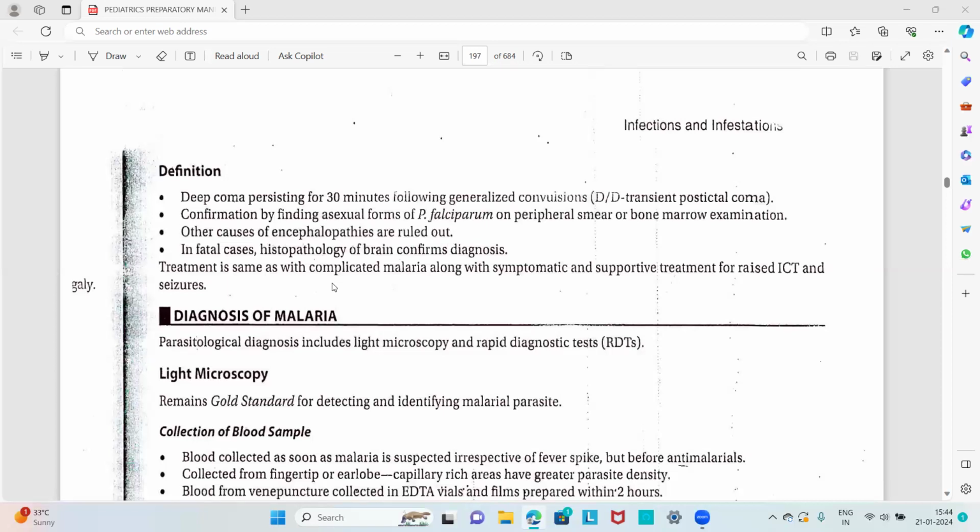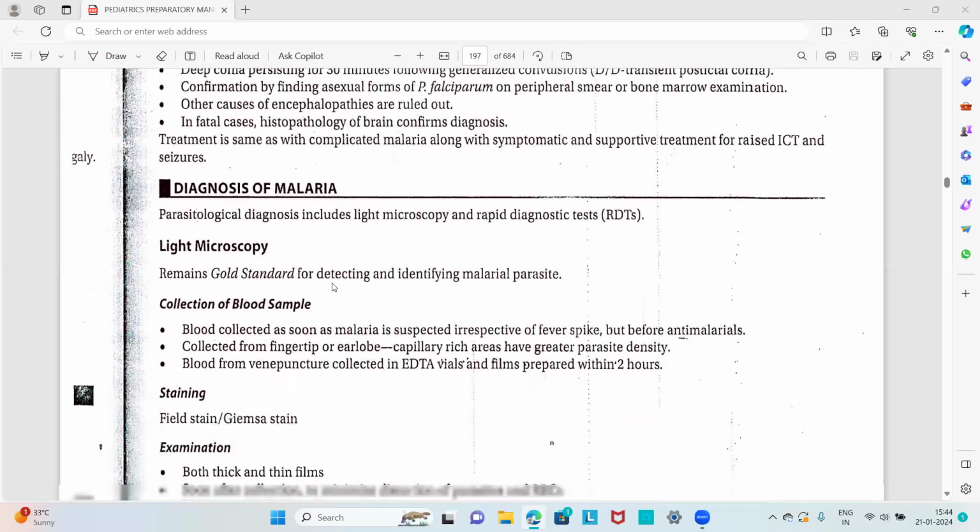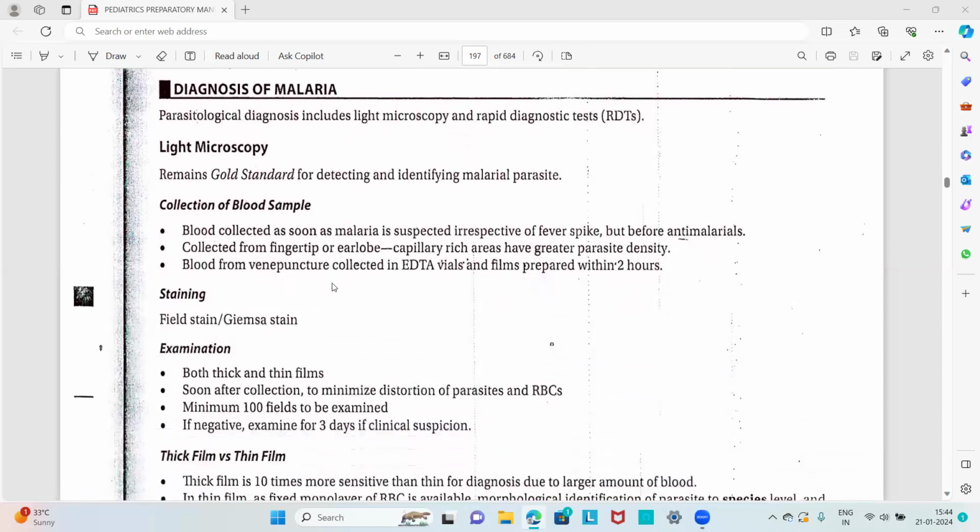Other causes of encephalopathy are ruled out before confirming cerebral malaria. In fatal cases, histopathology of the brain confirms the diagnosis. Treatment is the same as for complicated malaria, along with symptomatic and supportive treatment for raised intracranial tension and seizures. Then how will you diagnose malaria?